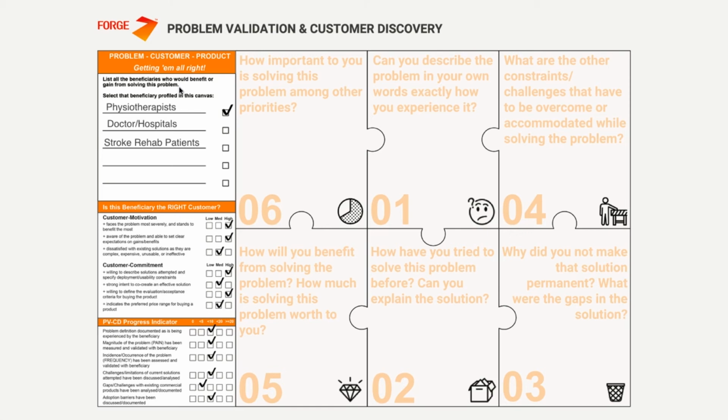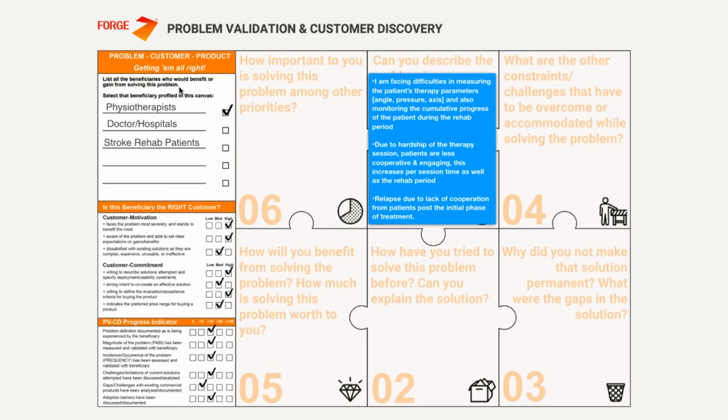This template also helps you keep track of the number of interviews or customer discovery exercises that the innovator has performed. The more users or beneficiaries you have interacted with, the lower the validation risk in your innovation journey.